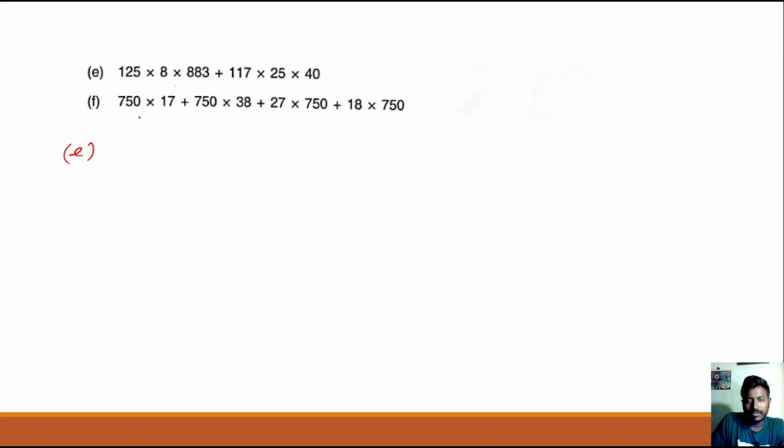Here first we multiply. Okay, 125 into 8 into 883 plus 117 into 25 into 40. Okay, first we multiply 125 into 8, that is 1000.